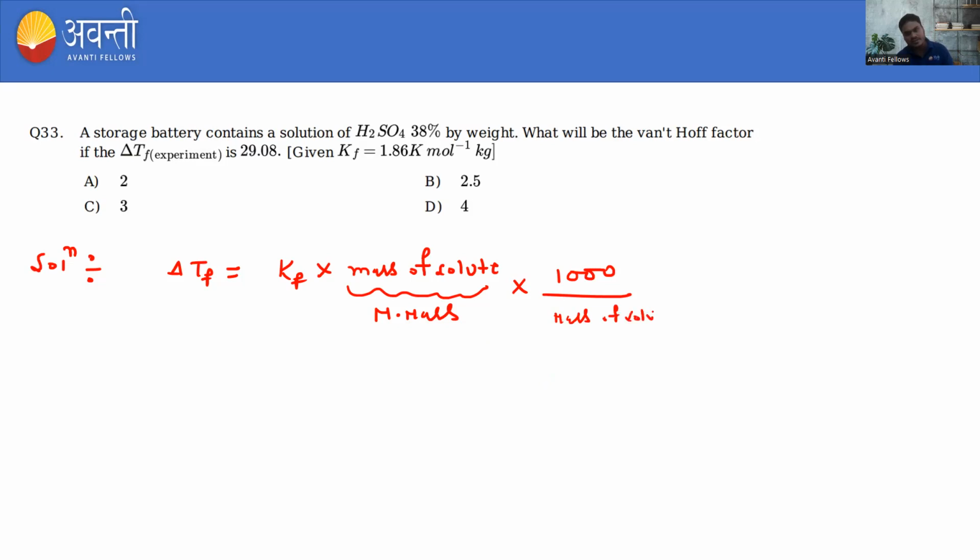This is the formula of molality, multiplied by the Van't Hoff factor.